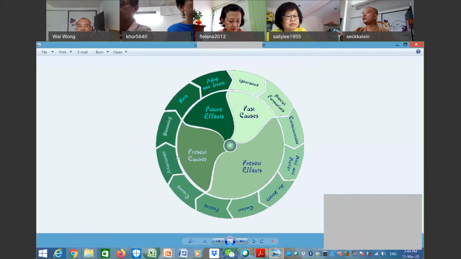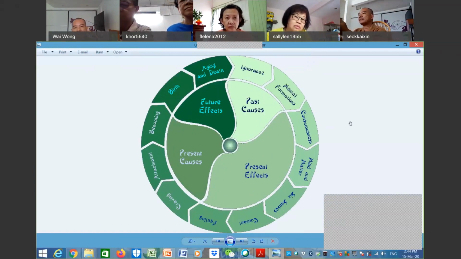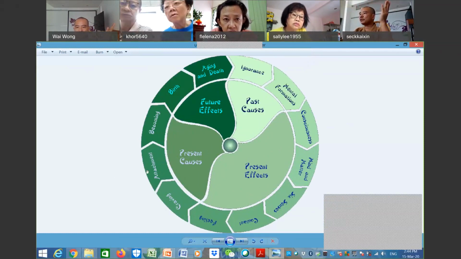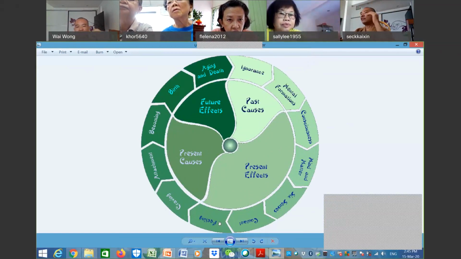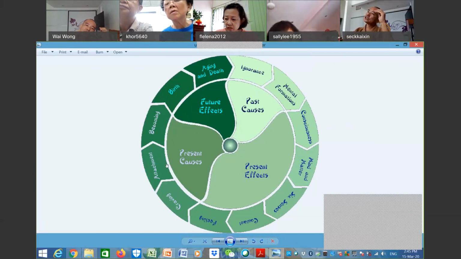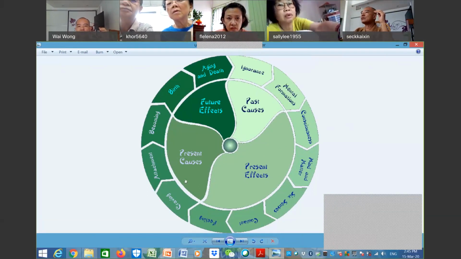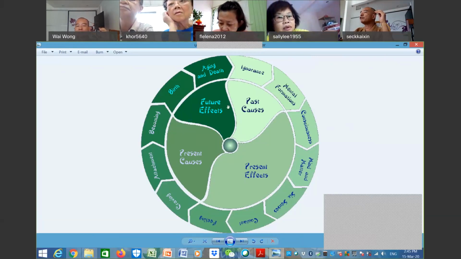If it's okay for you, please draw a diagram beside here. Let's take a look. This is the ignorance, mental formations, consciousness. There are totally 12 here, all right? Ignorance and mental formation are considered past causes. From consciousness to feeling is the present effects. From craving to becoming is the present causes, and birth, aging, and death is the future effect.